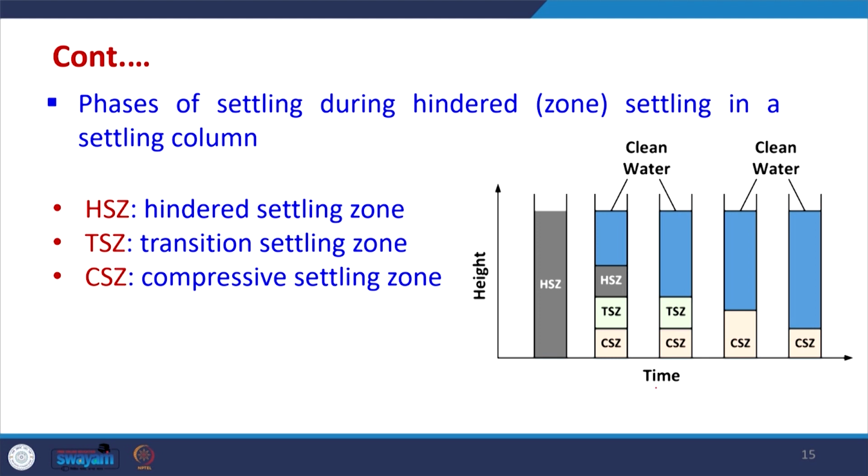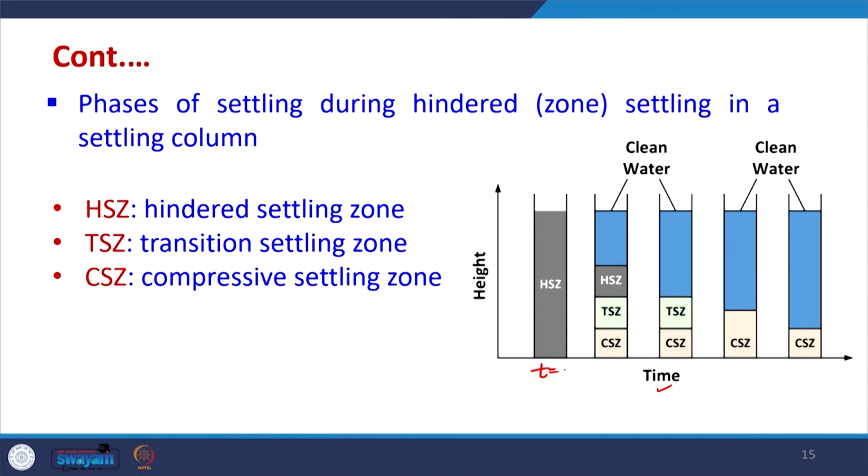Suppose we have a settling basin or we are performing a test in a column in a laboratory, and we take water which contains a very high concentration of settling material.